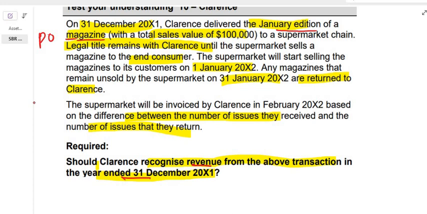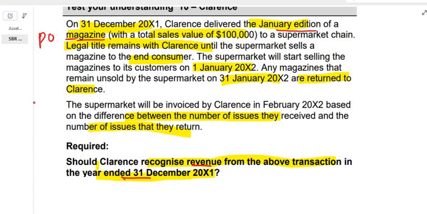This alone is not enough to determine that control is transferred, because we have to consider some other factors that we have discussed: legal title, transfer of physical possession, present right to payment, significant risk and reward, customer acceptance, direct use of the asset, and majority of remaining benefit from it. So there are a lot of indicators we have to consider.